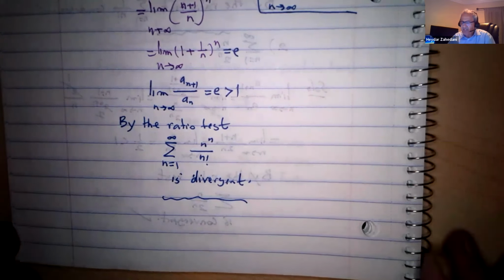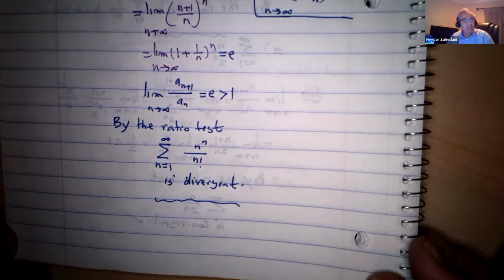Now I'll give you an example to see what happens if you make the wrong choice. Then you'll be in trouble. So number 4: the ratio L must be less than 1 for convergence, greater than 1 for divergence. But sometimes you may use the wrong test. In number 4, this is what we have: sigma of 1 over 2n minus 1.